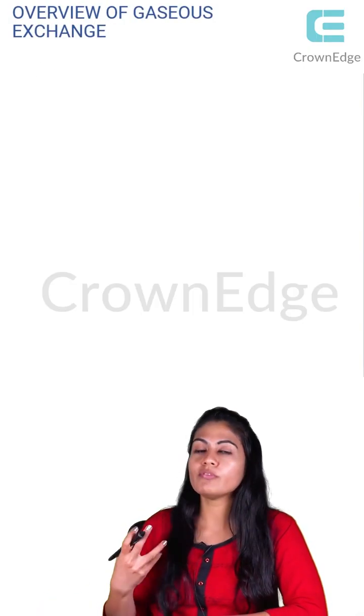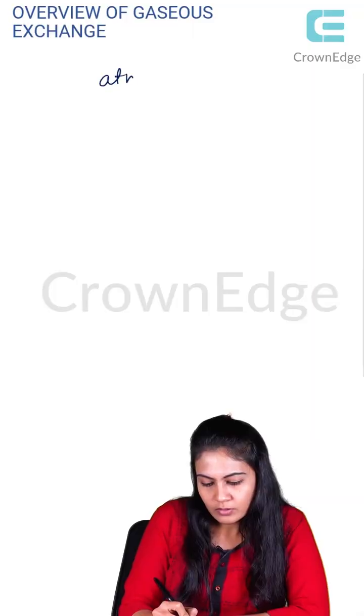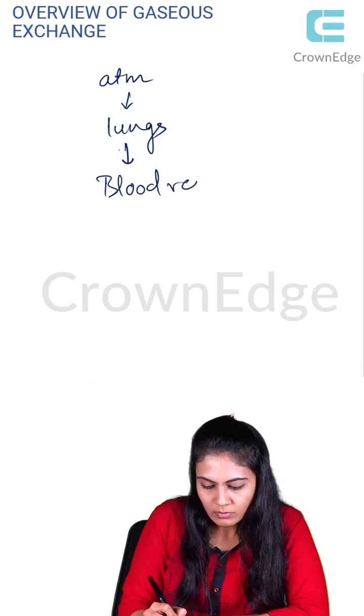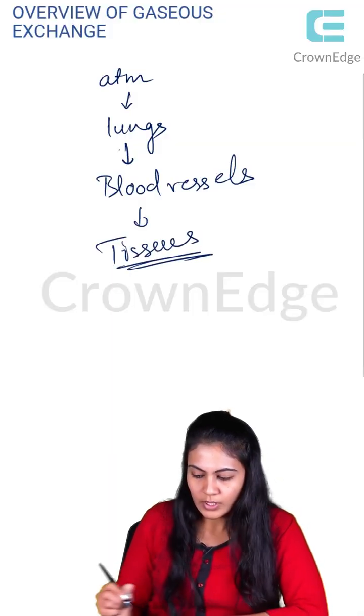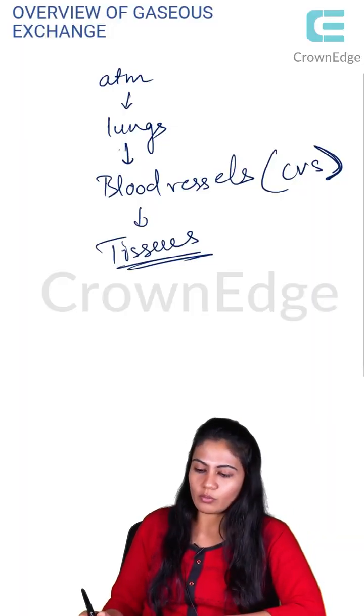Moving on to the overview of the gases, what we talked about: from the atmosphere we took the oxygen into the lungs, from the lungs we send it to the blood vessels, and from the blood vessels it went to the tissues. This blood vessel is nothing but your CV system involved over there.